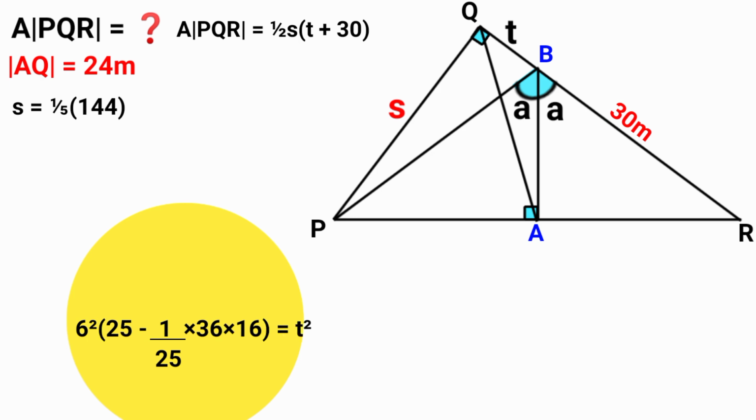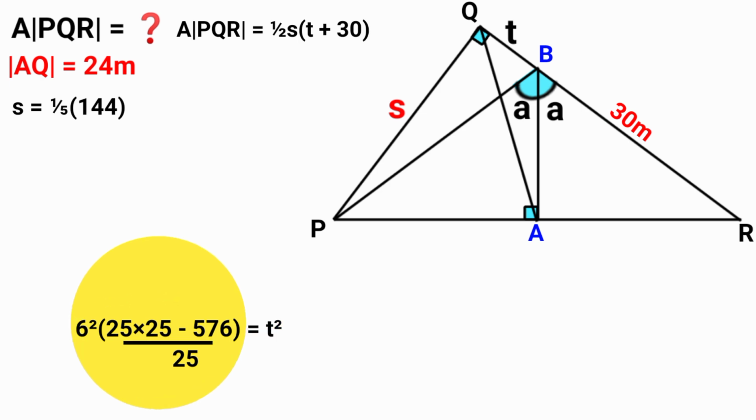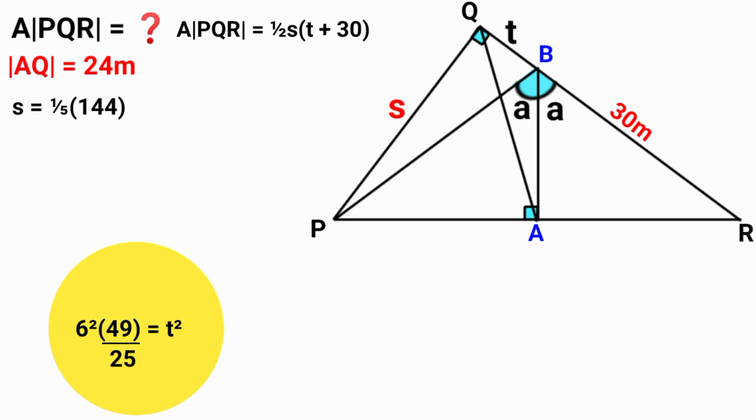So it is 6 squared (25 minus 1 over 25 times 36 times 16). 36 times 16 is 576. 1 over 25 times 576 is 576 over 25. Now 25 minus 576 over 25, simplifying into a single fraction, will be (25 times 25 minus 576) all over 25. 25 times 25 is 625. 625 minus 576 is 49. So 6 squared (49 over 25) equal to t squared.